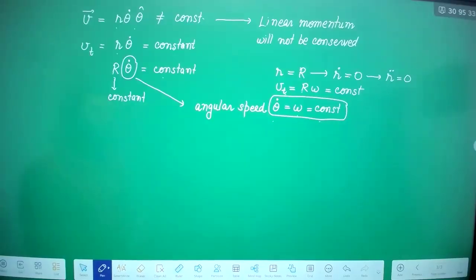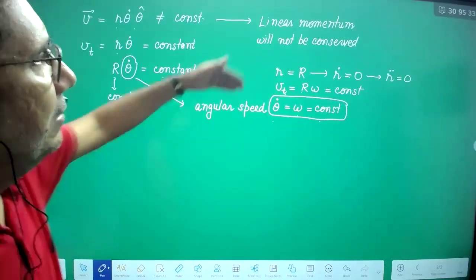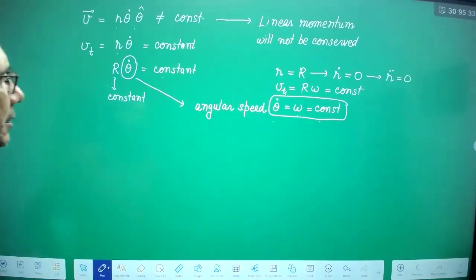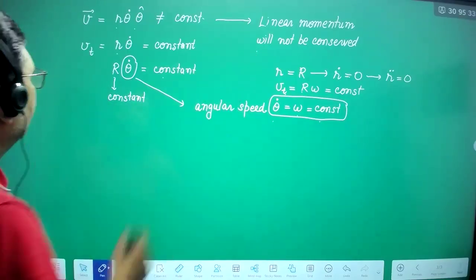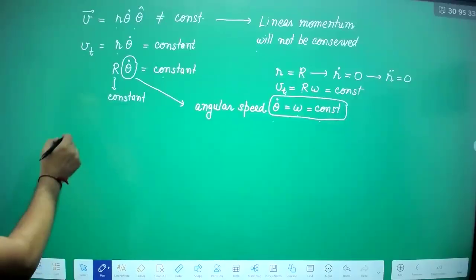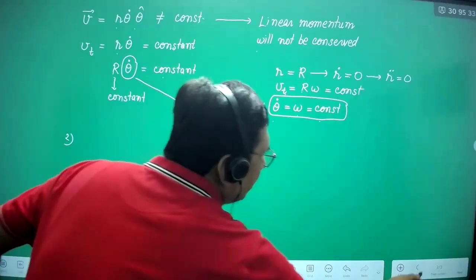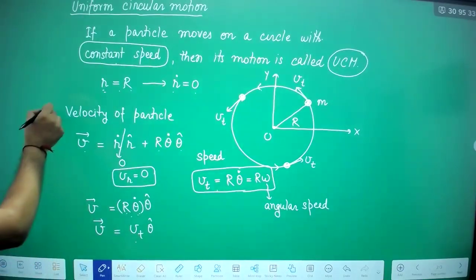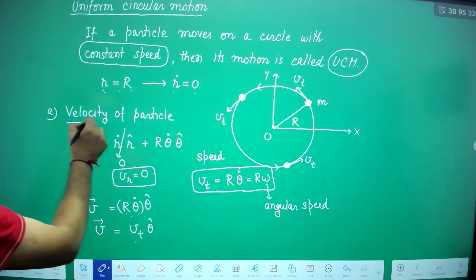Next is acceleration, but come back to the acceleration so that I will again focus on it. So next you can write acceleration here. This was the first part where we have investigated the velocity of the particle.